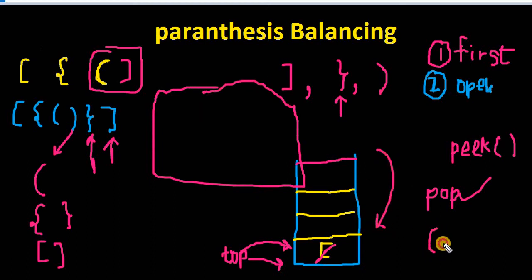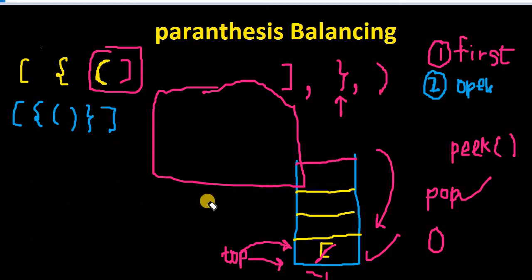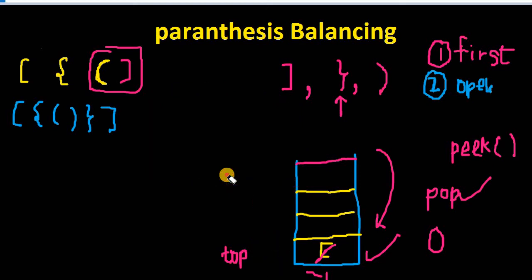If the answer is 0, or if our top is pointing to -1, that means there is nothing left in the stack, and that is the case where all the parentheses are balanced. So let me go ahead and take another example of an unbalanced case, so we can solidify our concepts. Let me clear this.